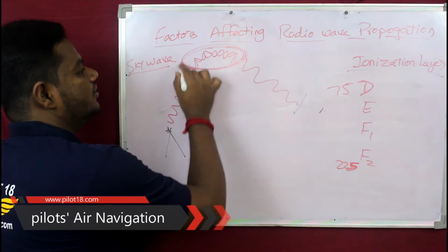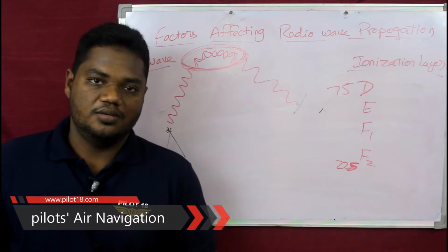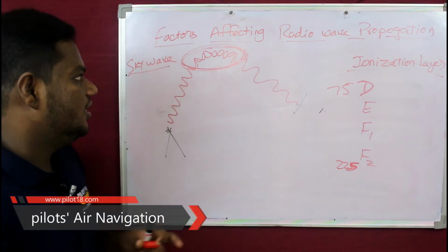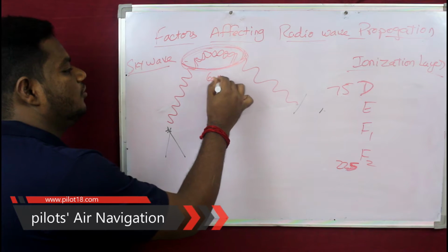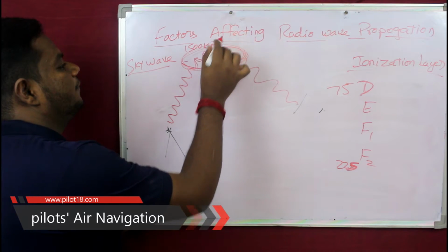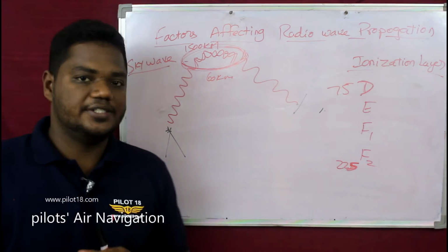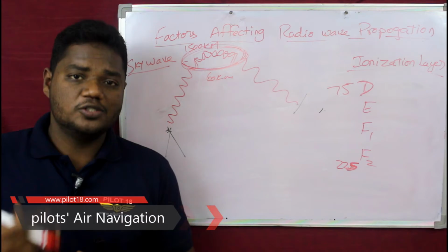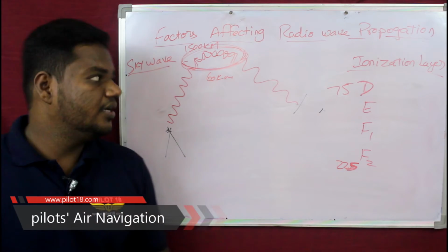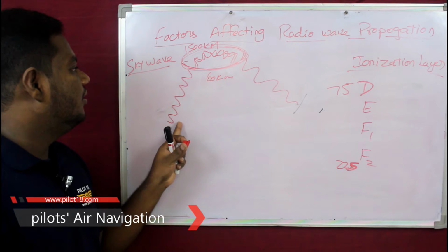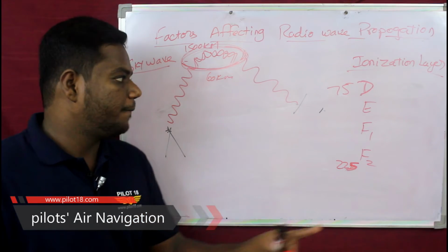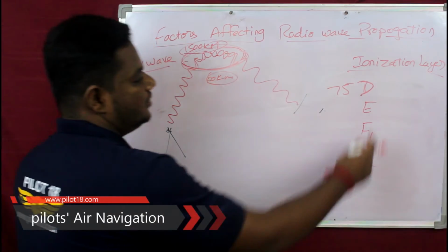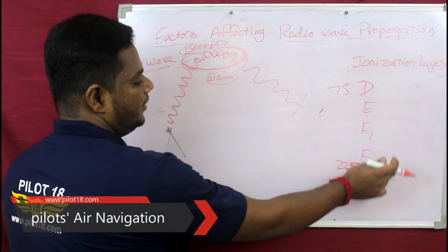We have understood this ionization is happening due to the sun. Imagine a solar panel located between 60 and 1500 kilometers; this layer is known as the ionization layer. Due to incoming solar radiation, the atoms get heated up and refract the radio waves. This area is divided into four categories: D layer, E layer, F1, F2.